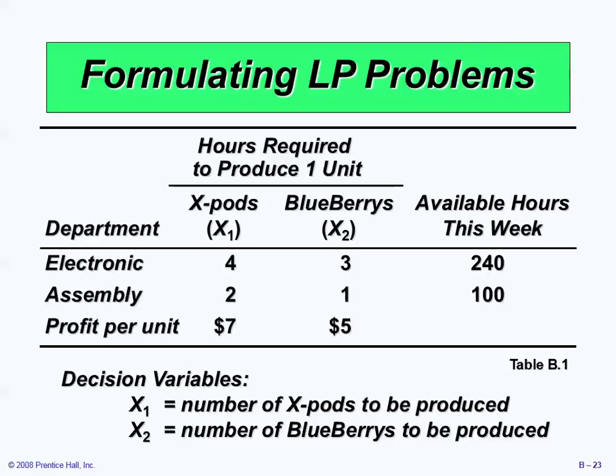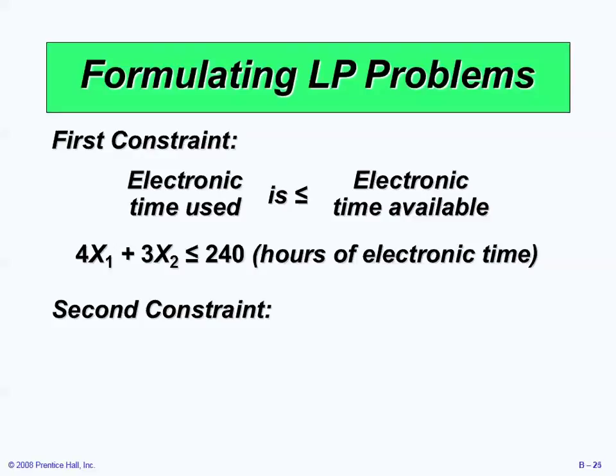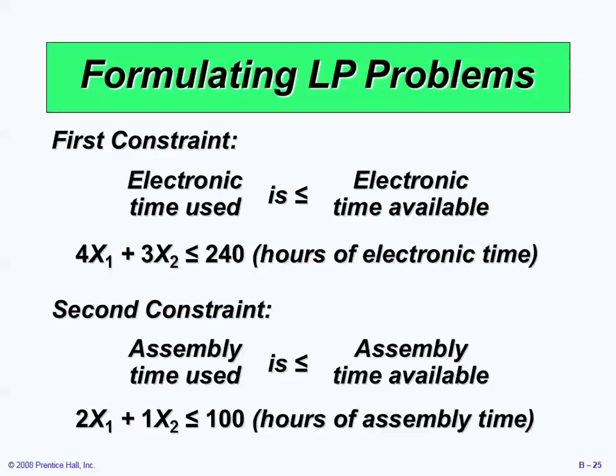So total assembly time required is 2X1 plus X2. And that has to be less than or equal to 100. Okay, so those are the two constraints. Of course, one more constraint is that we cannot produce negative quantities. So X1 and X2 must be non-negative.